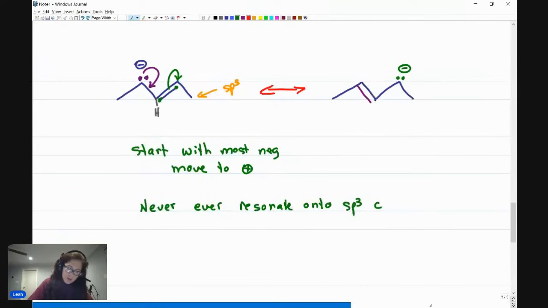Meanwhile, this carbon here used to have 1 electron from that pi bond. Now it has 2 electrons from the lone pair. It has 1 extra negative. And so it goes from 0 to -1. That is another way to identify your charges, especially if you don't want to take the time to calculate a formal charge for them all.